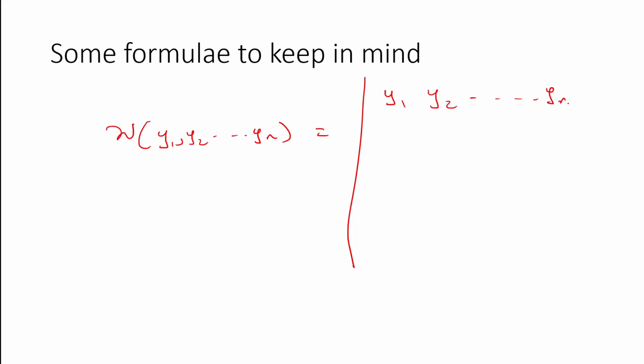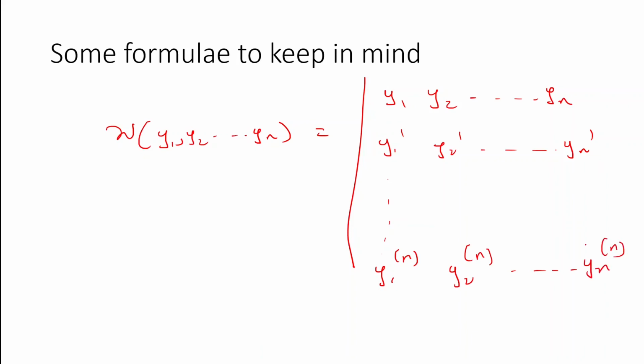So with that we are nearing the end of the lecture. Let me consider a small addendum. Since this is quite a large lecture, let's have a summarization of some important formulae. The Wronskian of n functions is equal to the determinant of the matrix with rows y1, y2, yn; y1 dash, y2 dash, yn dash; up to y1 nth derivative, y2 nth derivative, yn nth derivative.